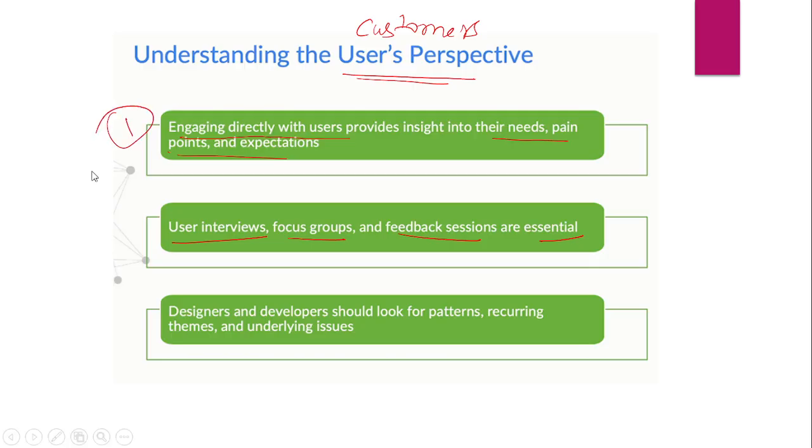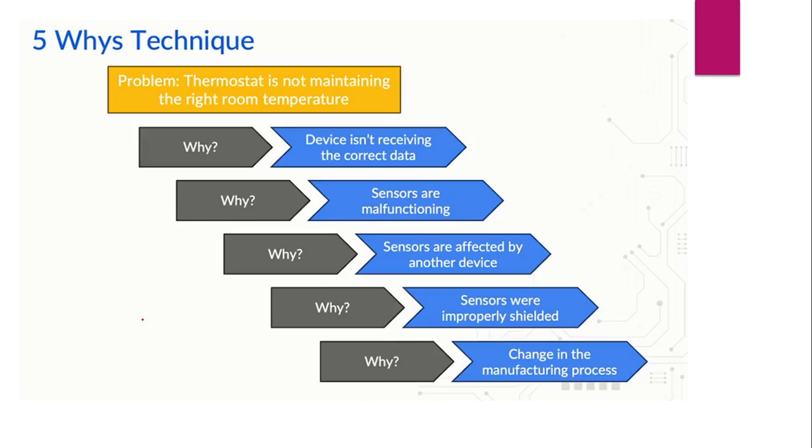So the first thing is to interact directly. Second, you have to conduct the interview, and the feedback has to be taken. It is mandatory to analyze the insights. And next, you have to look at the patterns, recurring themes, and underlying issues. These are the different things the designers have to take care of while designing any kind of product.